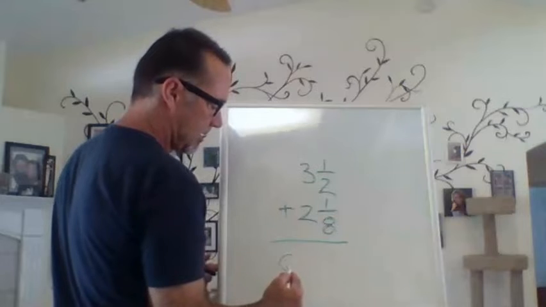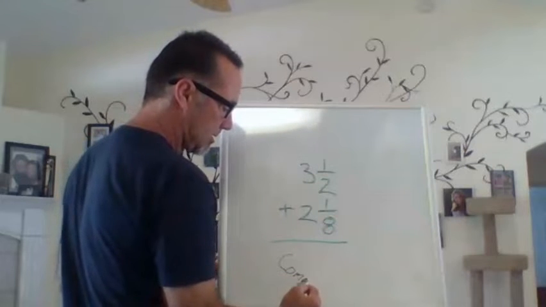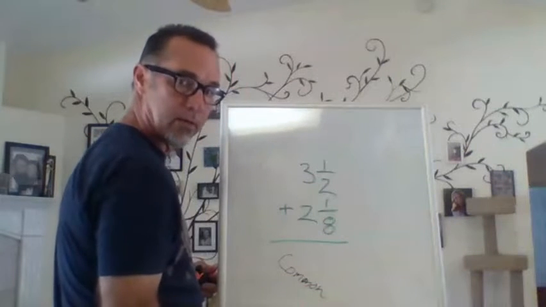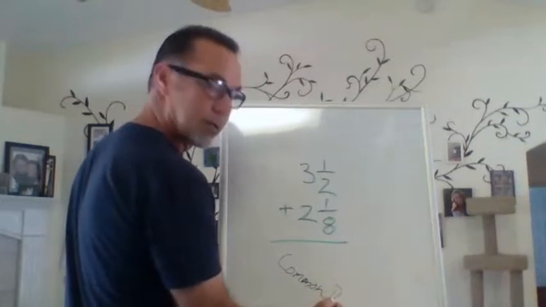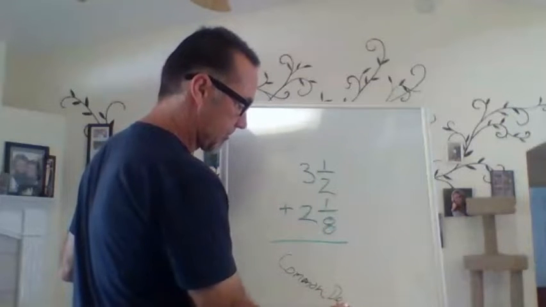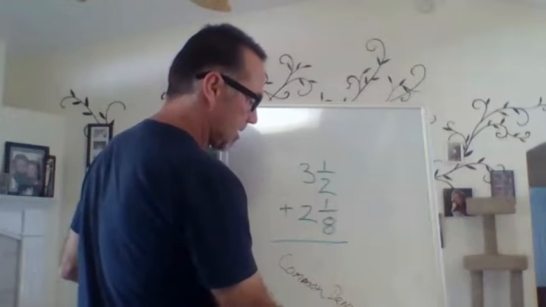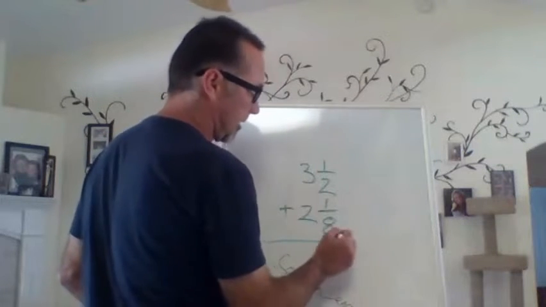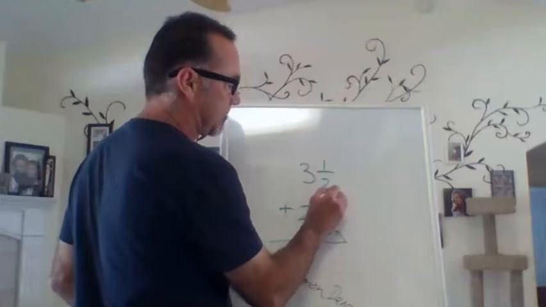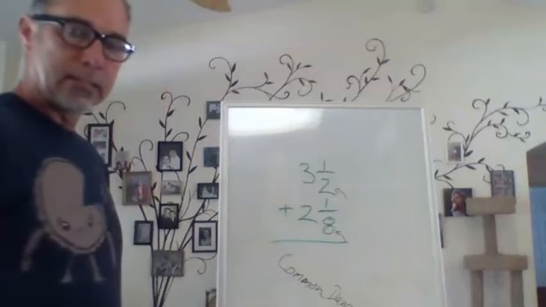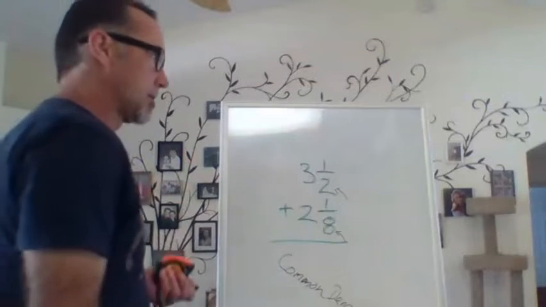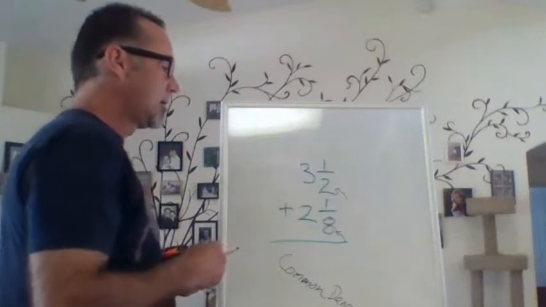We need common denominators. How do we make common denominators? That's this guy. We want these to be the same, to add those together when we're using a measurement device like this.